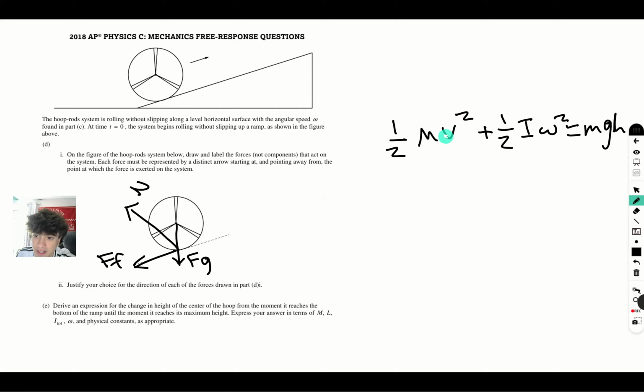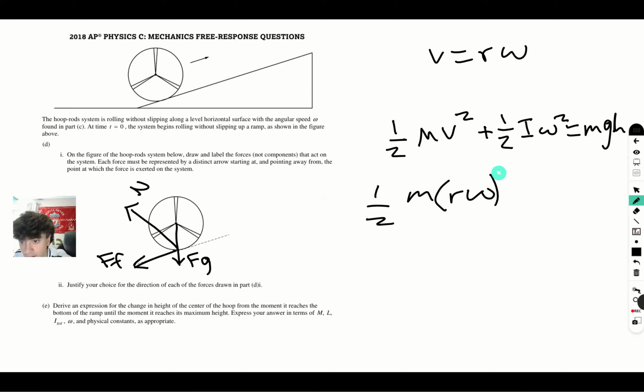So what it's telling us is that we cannot have v as a variable. It's asking us to have it in terms of omega, but we know that v is just r omega, so we can replace v with that in order to meet its requirements. And we know that the radius is just L, so 1/2 m r omega squared plus 1/2 I omega squared is equal to mgh.